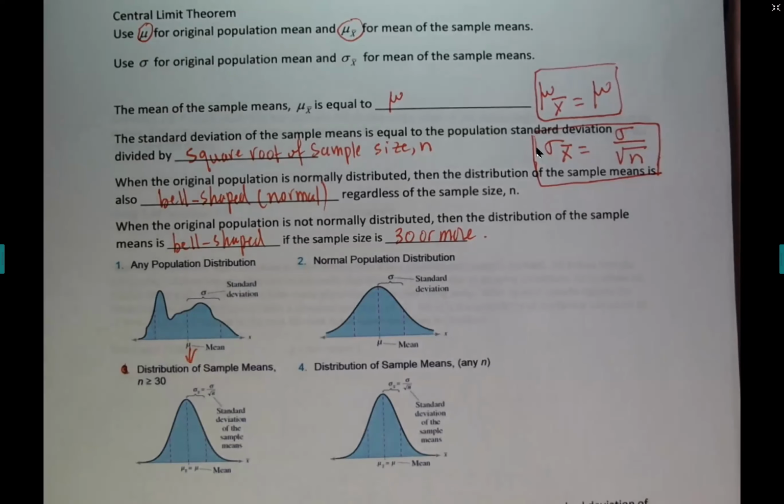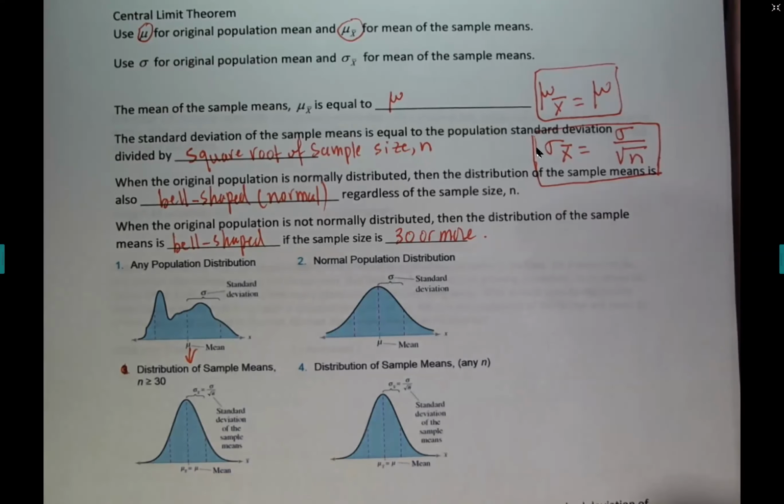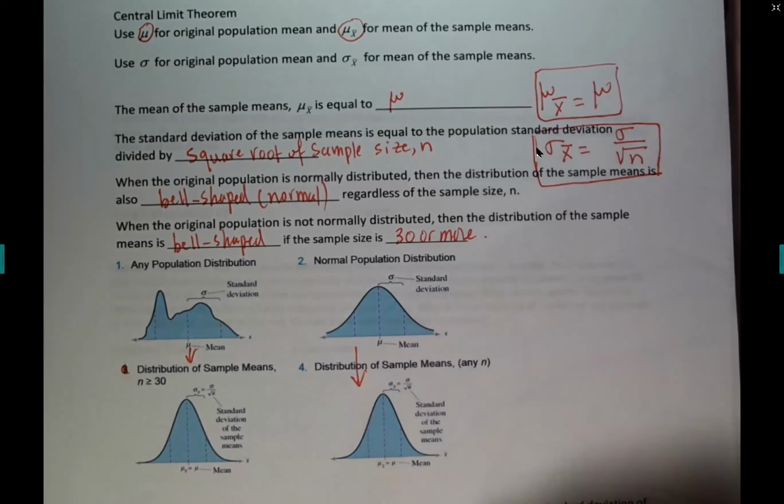Now here, let's take this. It's a normal population. I don't care about the sample size. It could be anything if the original population is bell-shaped. It could be n equals 5, n equals 7, n equals 100. It doesn't matter when the original population is normal. So that leads to this.